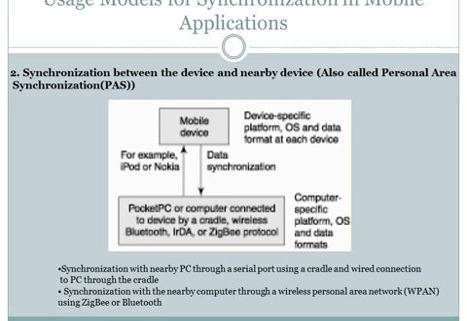The synchronization could happen either wirelessly or using a wired connection. Then the synchronization with the nearby device or computer could happen using a personal area network that uses protocols such as Zigbee or 6LoWPAN.